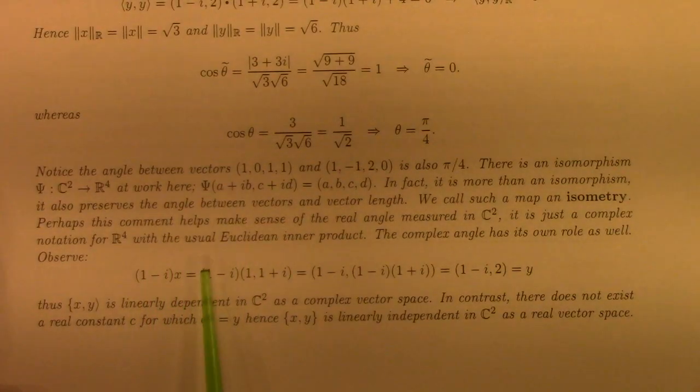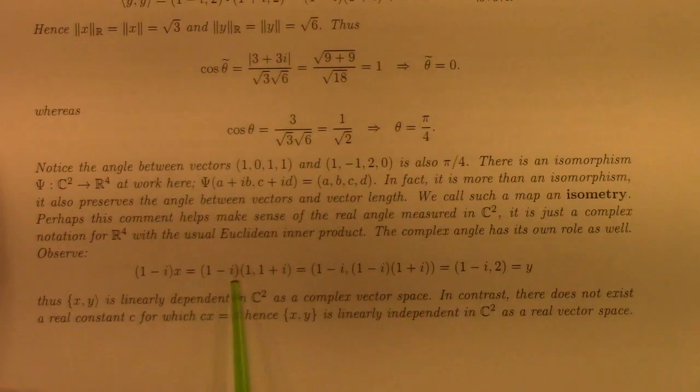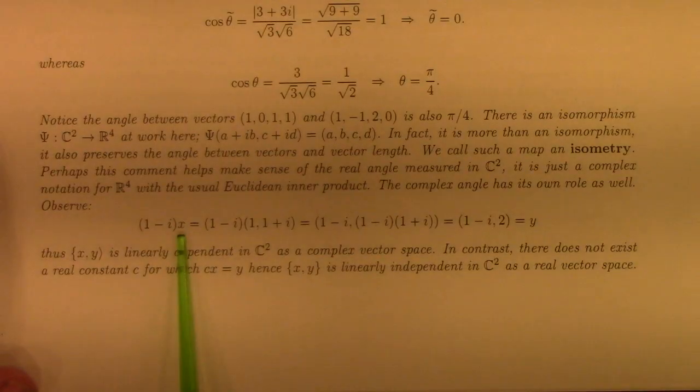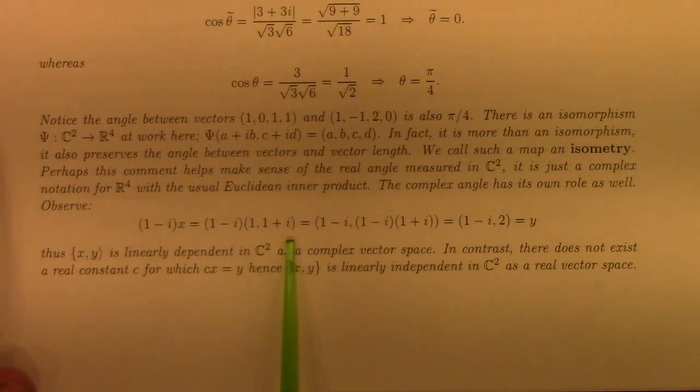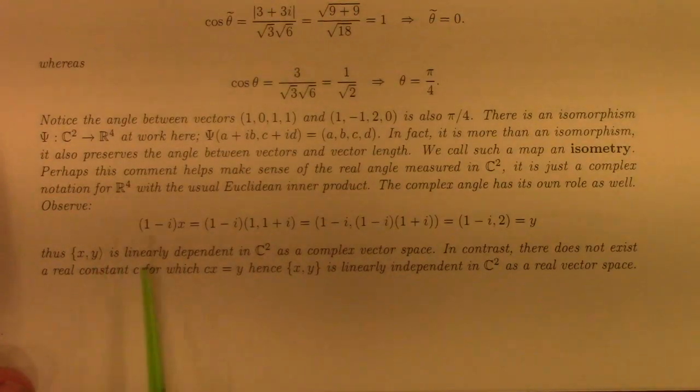On the other hand, the angle between x and y in the complex sense is 0, because if you just multiply x by 1 minus i, you get y.